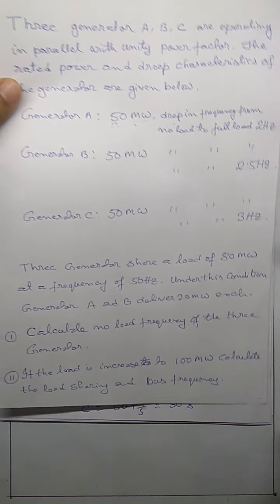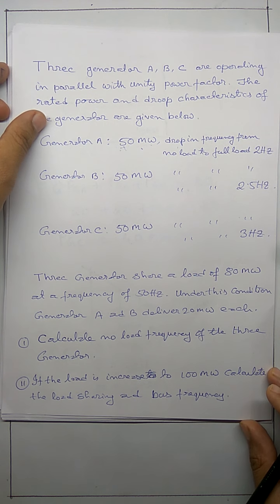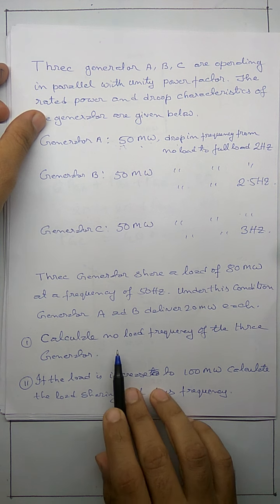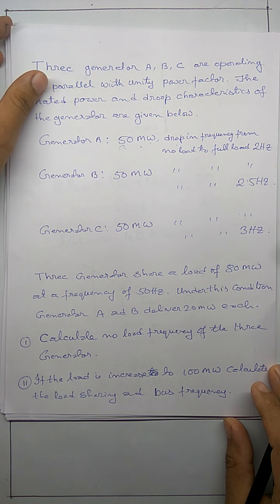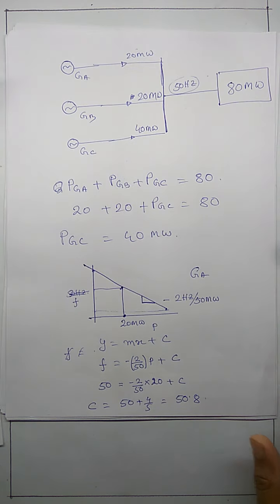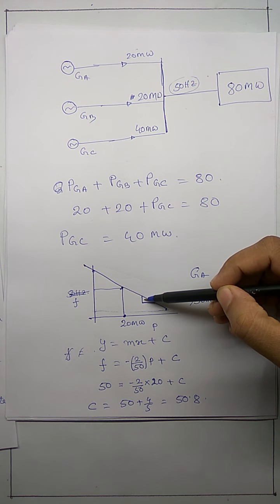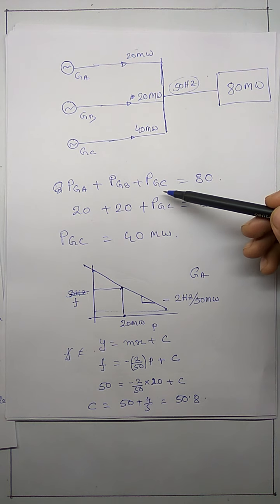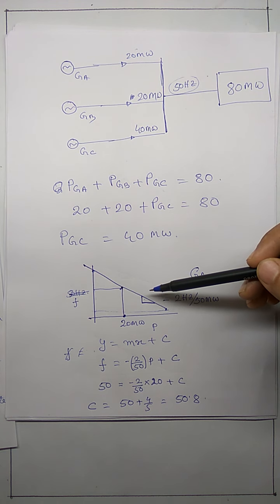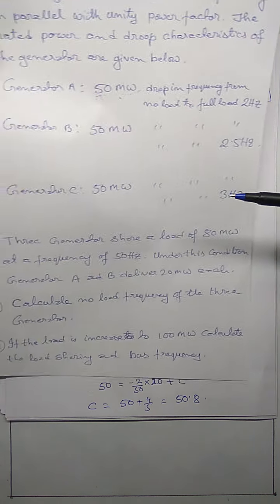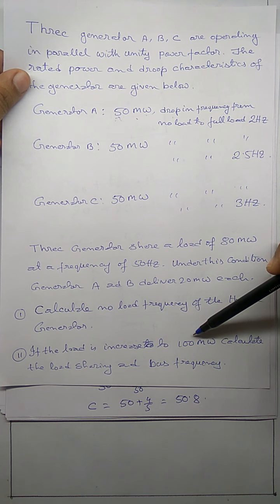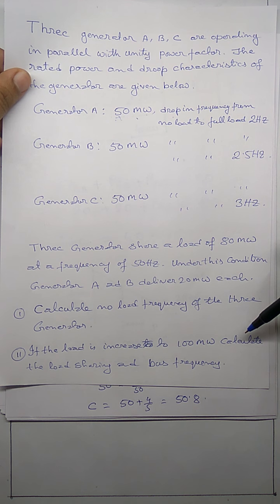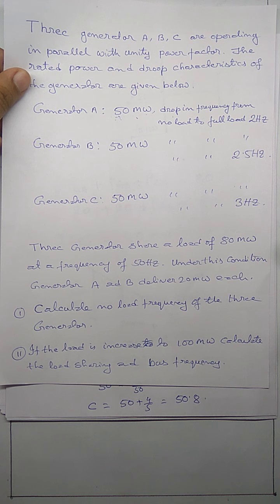So if you look at the other part of this numerical, that is calculate the no load frequency of 3 generators, I have calculated for generator 1. For generator 2 it will be again a straight line problem. For generator 3 it will be again a similar straight line problem. The next part is that if the load is increased to 100 megawatt, calculate the load sharing and the bus frequency.